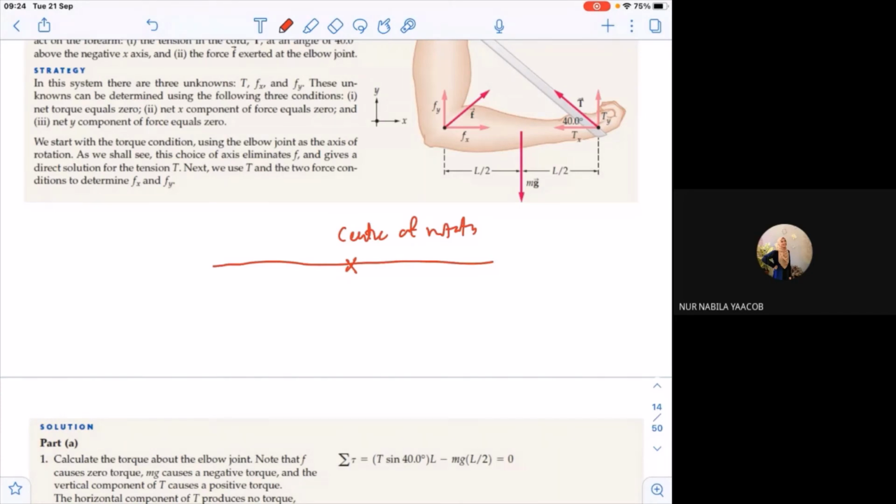Okay, if the force is going this way, downward, now try to pull the other end of the ruler, with one end at the center of rotation and the ruler in line with the force. So your ruler should be here, like this one. Try to pull this area downward.